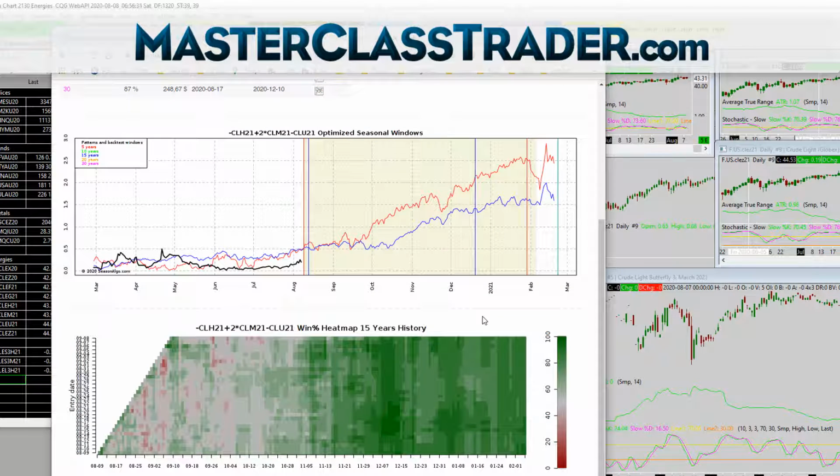And here's another one. This is a really good chart that we looked at in a previous lesson in the advanced spread course, which is a heat map. I love these heat maps. They're a great way to look at it, a different way of looking at similar kinds of charts. Where it's darker green, that's where the spread is more profitable and it's a more reliable place to be.